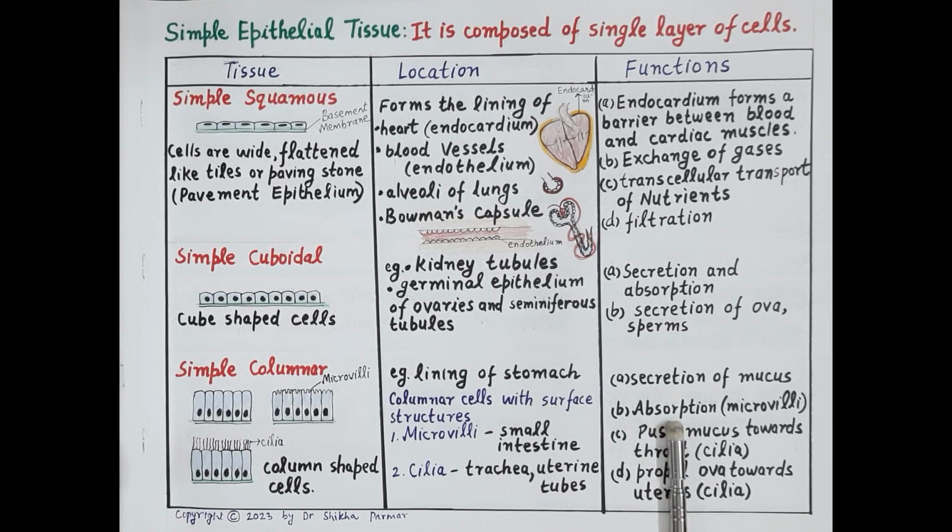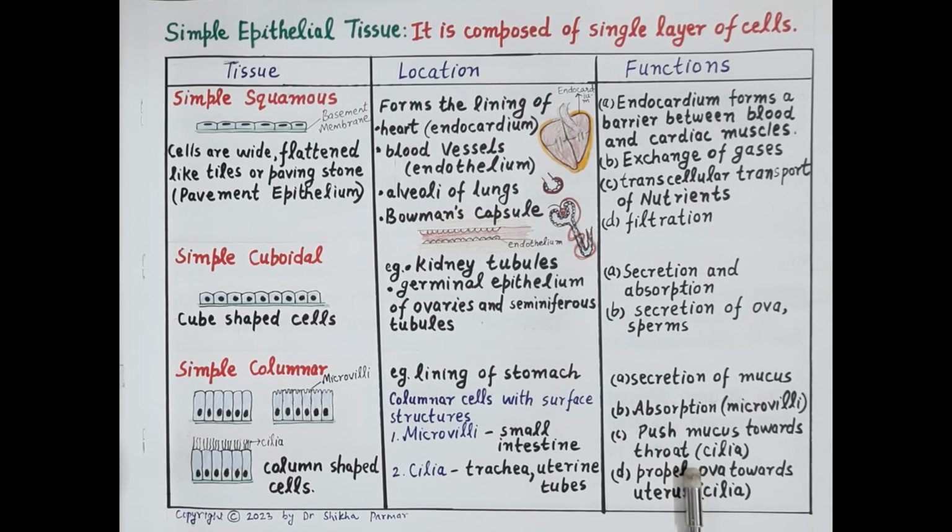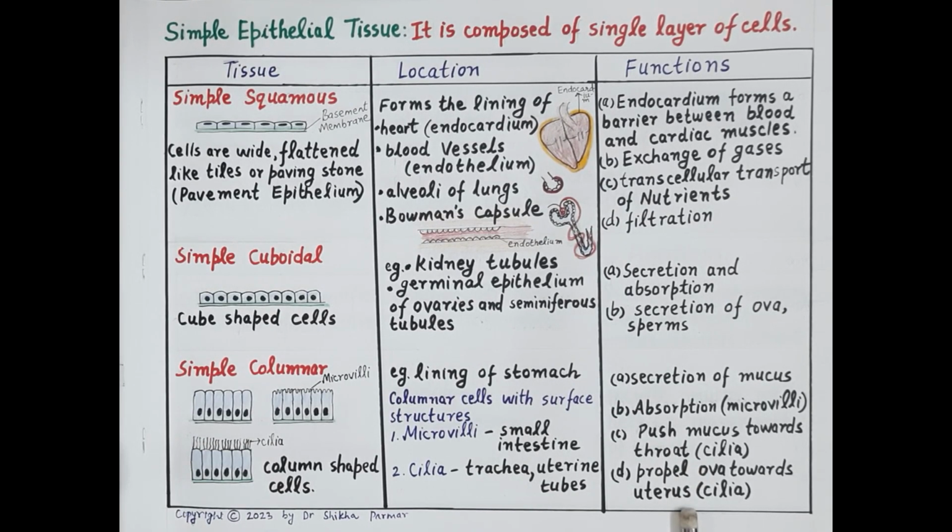Then ciliated columnar cells are involved in the movement of substances, like they push the mucus towards the throat so that the mucus could be expelled from the throat. Then they propel the ova towards the uterus. So, these are the main three types of simple surface epithelial tissue.